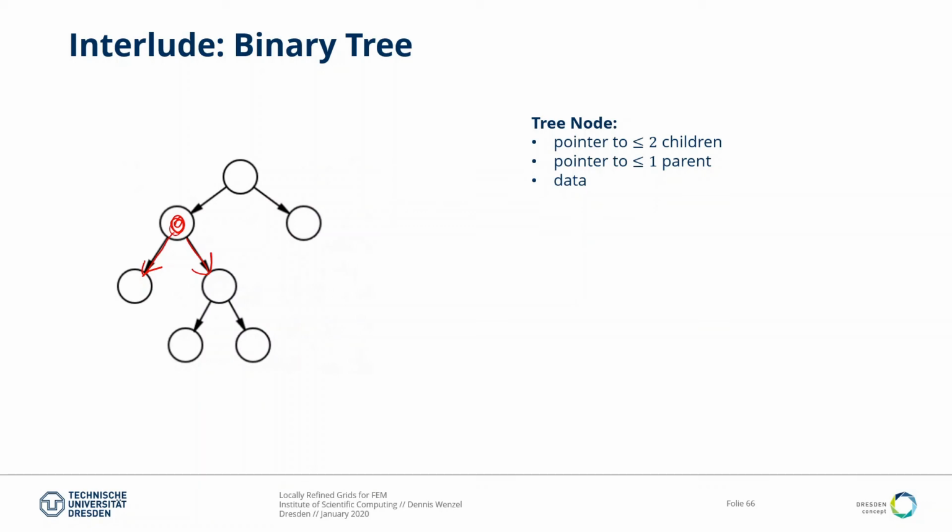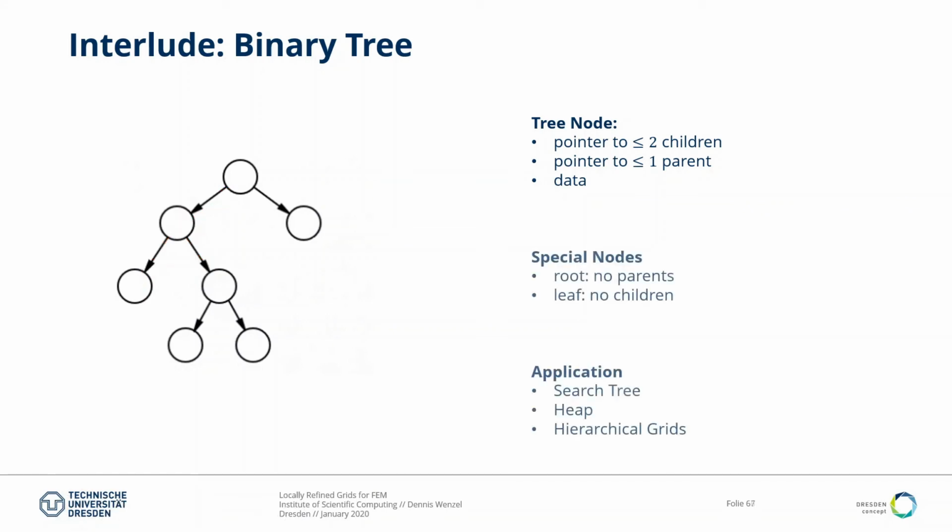A tree node also has a pointer to a parent. So it also knows that this is my parent. And of course, the tree node always stores data. For other applications, you might store letters, words, numbers, and we will see what we're storing here. So a tree node has pointers to children and parents and the data.